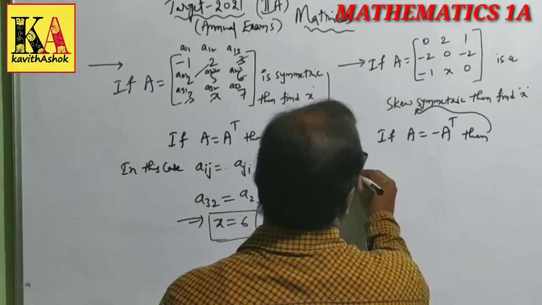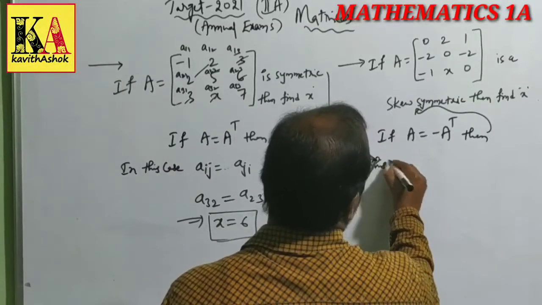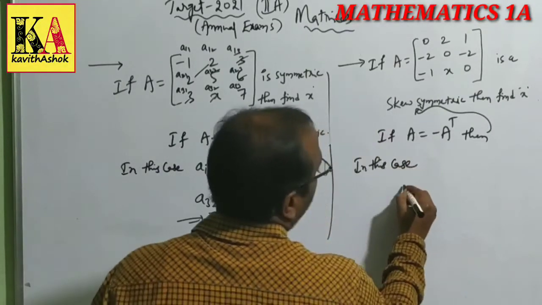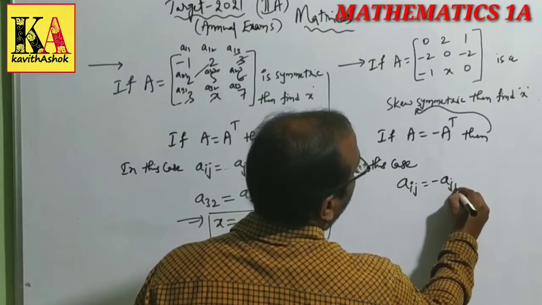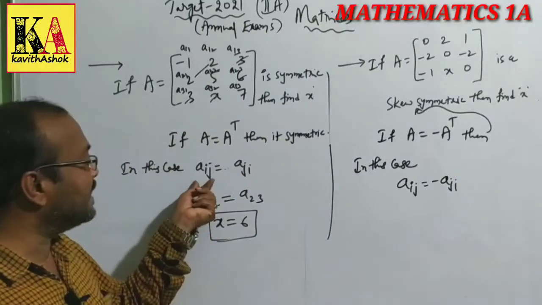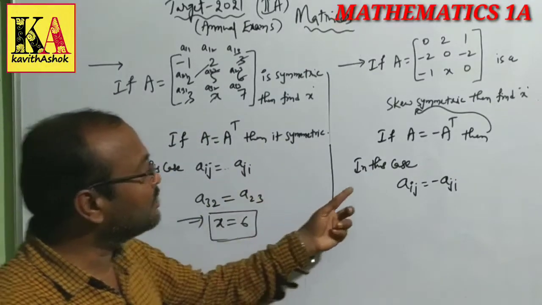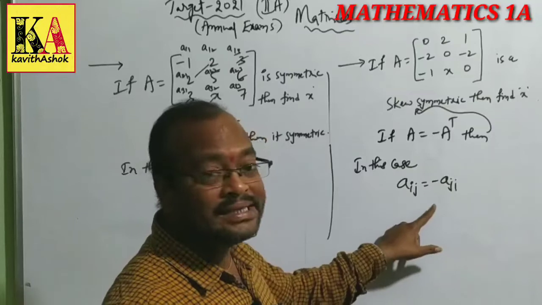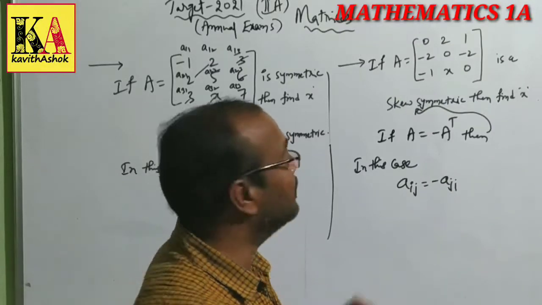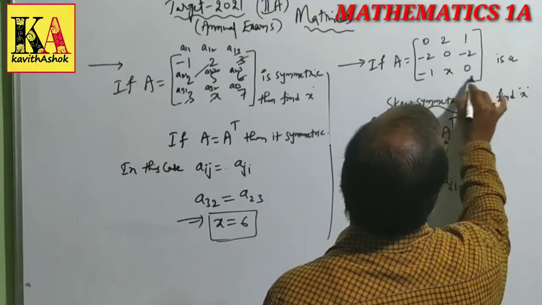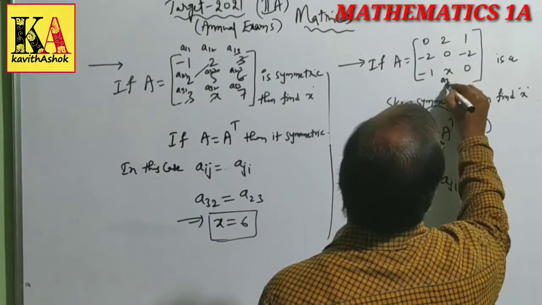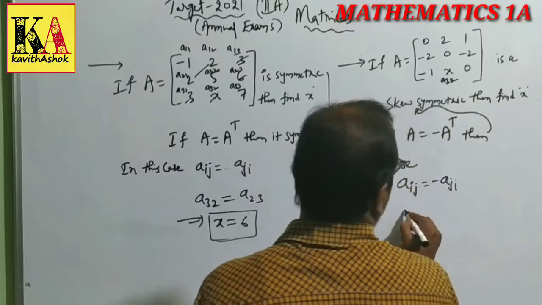In this case, Aij is equal to minus Aji. Previously Aij was equal to Aji, but in the case of a skew symmetric matrix, Aij is equal to minus Aji. So this is third row, second column, A32.